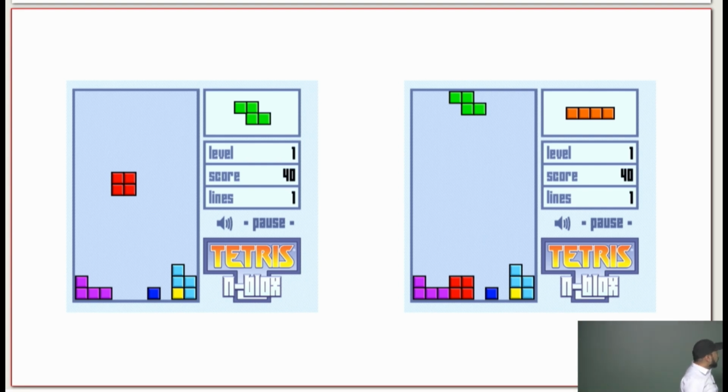So the way to compute the cost here would be, obviously you will not be able to go through all the states. 2 to the 300 is more than the number of atoms in the universe, so you cannot really do that. So then you will ask, do I really need all the details of the state?